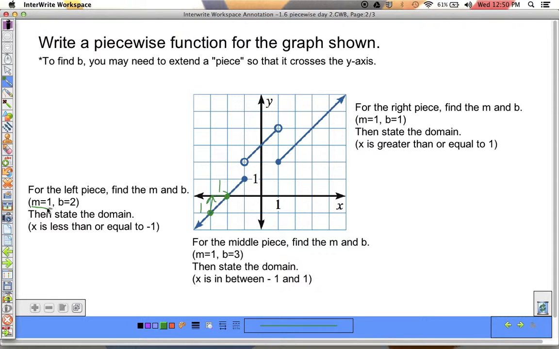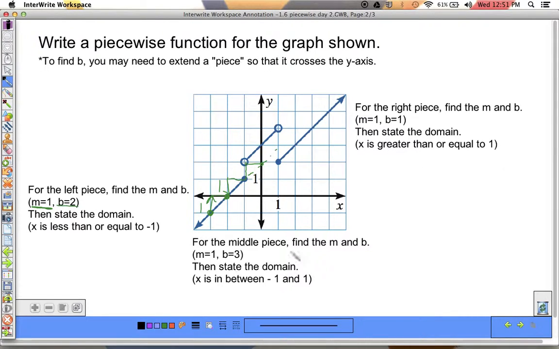So the slope was 1, and then it's not extended long enough to get the b, so I'm just going to keep on going. So my b would actually have been at 2, so I have b equals 2.